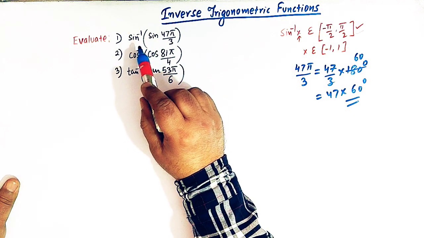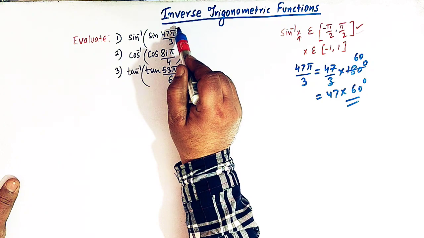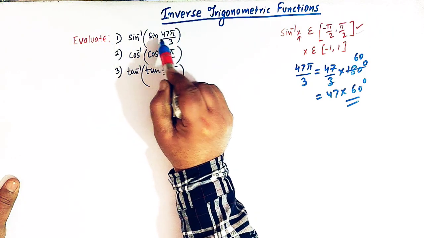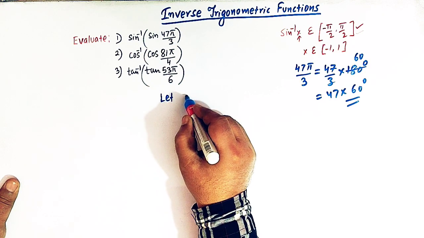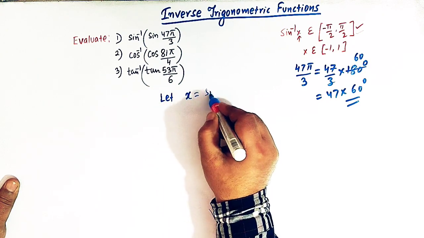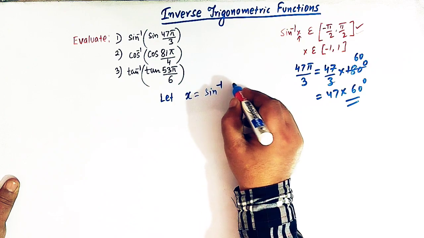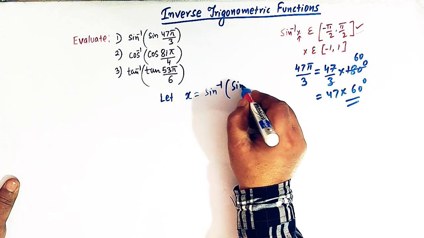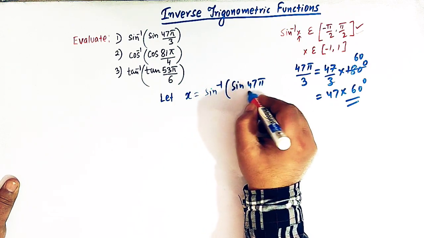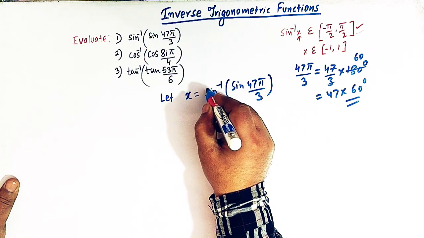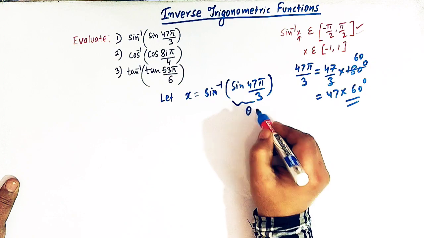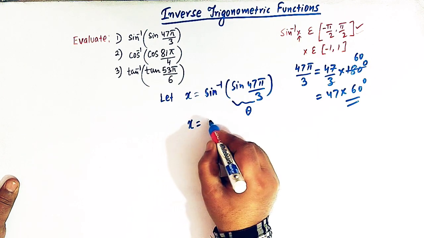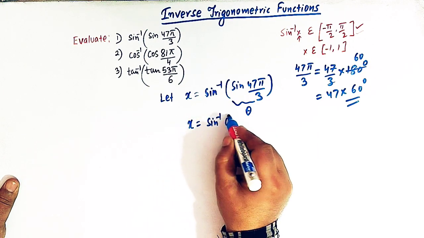So what we have to do: here we have the term sine 47 pi over 3. Let us take x equal to sine inverse of sine 47 pi over 3. If we take this term as theta, then x is equal to sine inverse theta.